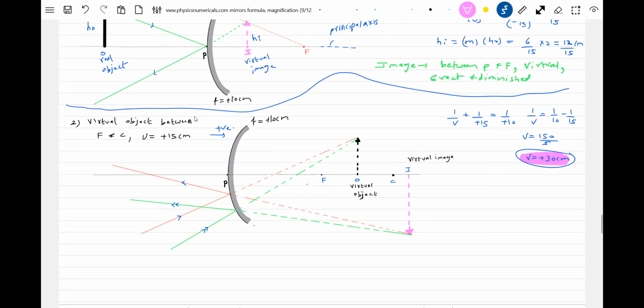Then the magnification formula, M is equal to -2. Then the height of the image.